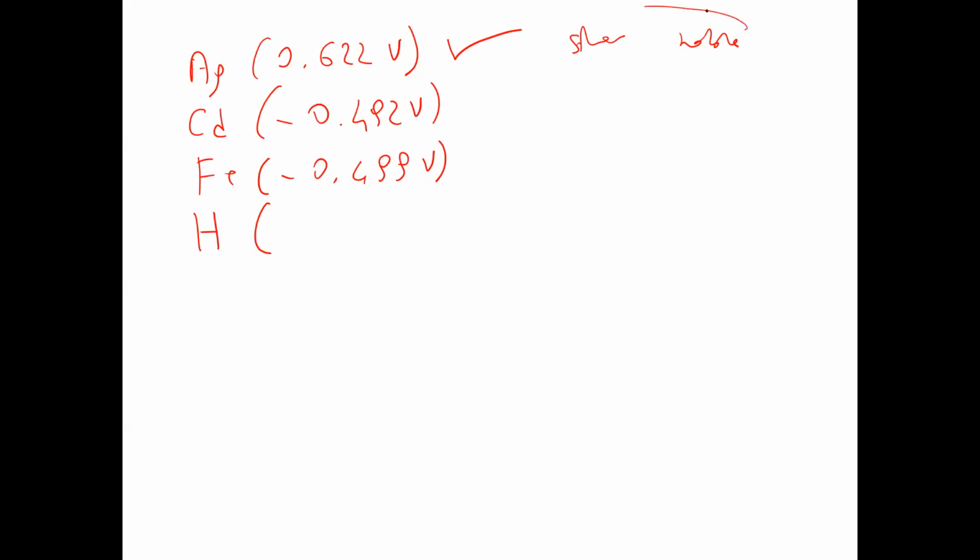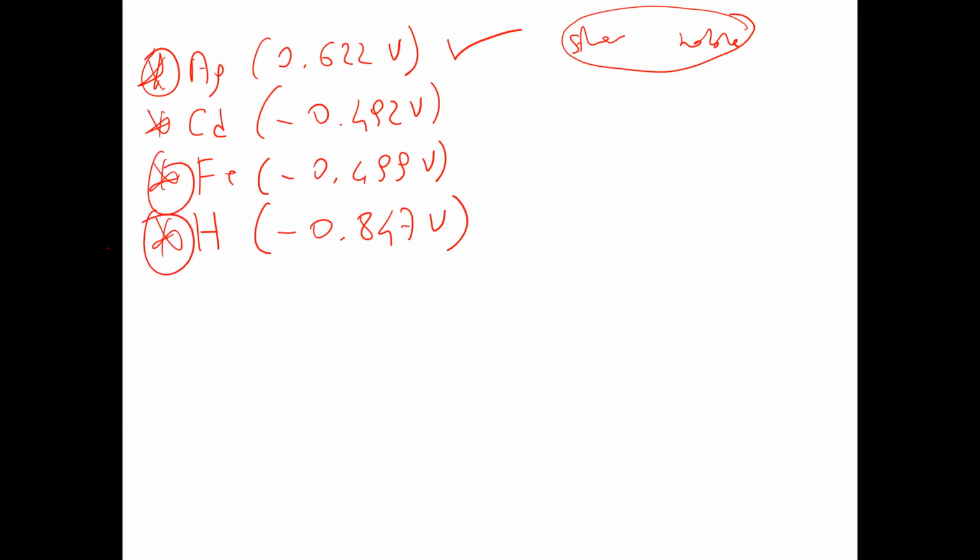So we need to base on silver reduction, and then the hydrogen reduction potential drops to minus 0.847 volt, because we take this value since silver deposition takes place first. This one starts, and then cadmium, and then iron, and finally hydrogen reduction takes place based on these calculations.